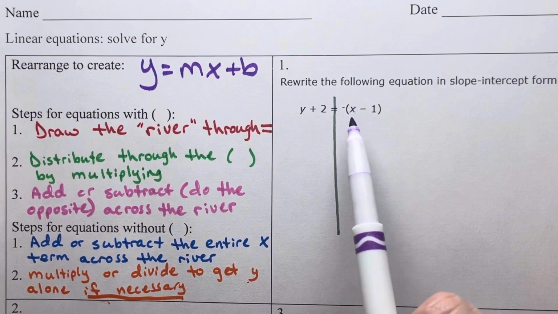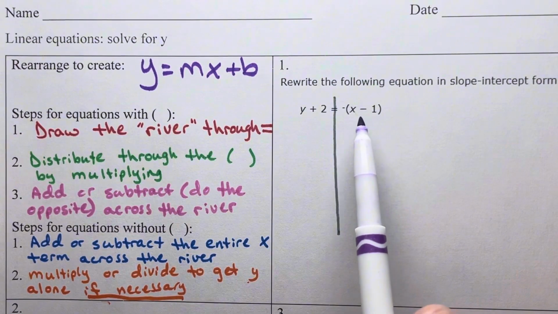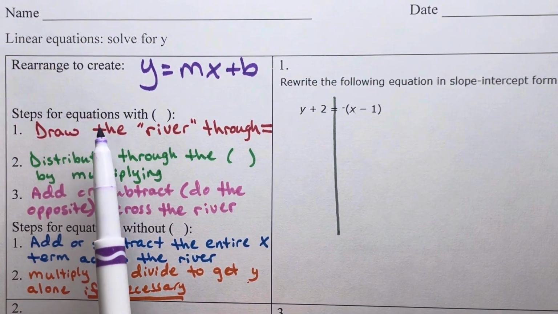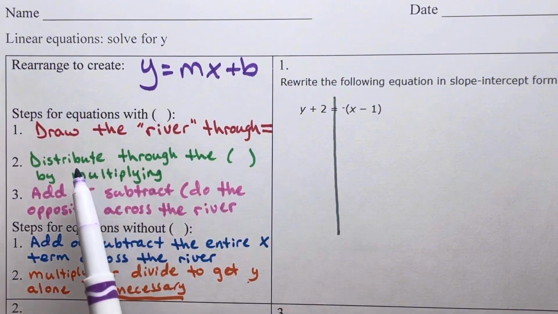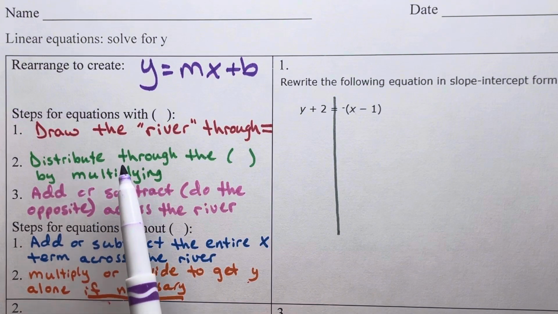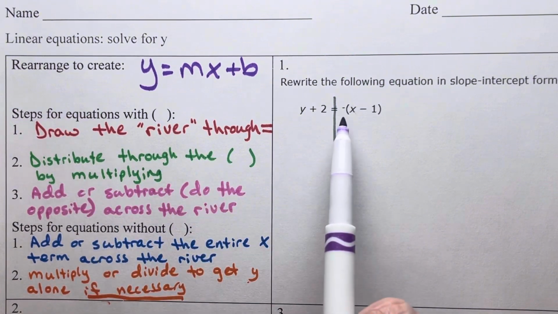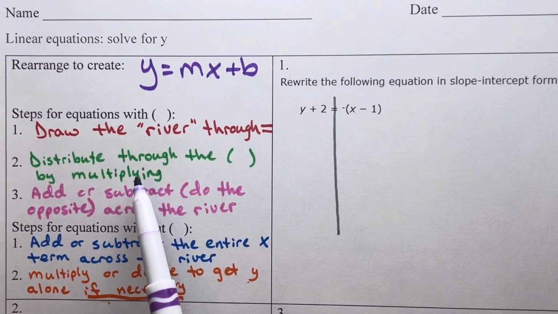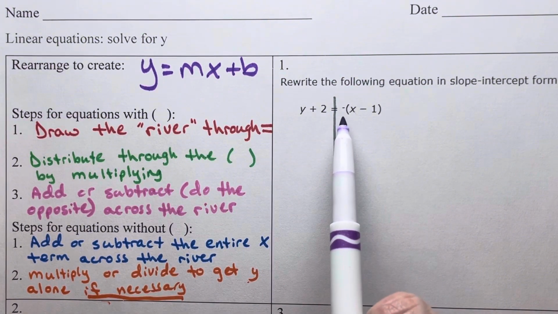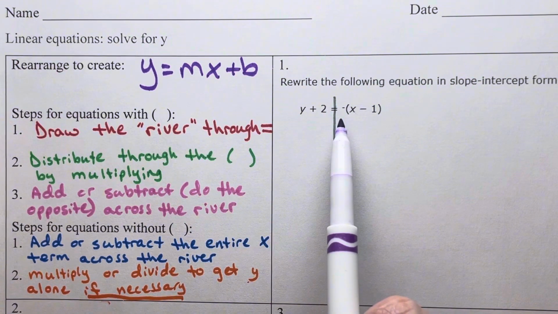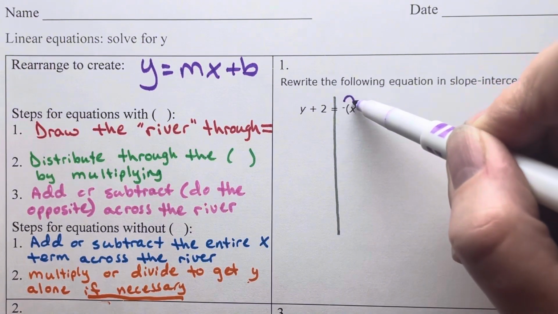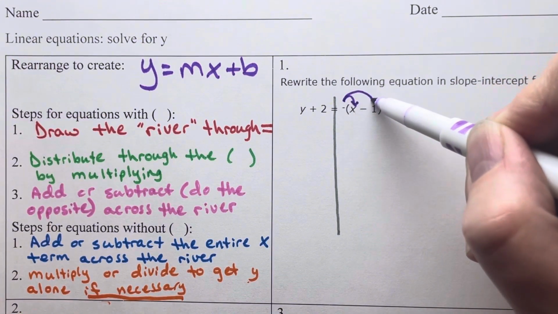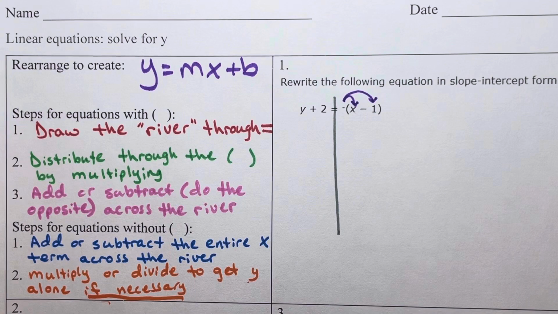Okay, we have parentheses in this problem, so our steps from the introduction say to distribute whatever number is in front of the parentheses by multiplying. We have a negative in front of the parentheses, so we are going to distribute this negative through both terms inside of the parentheses.